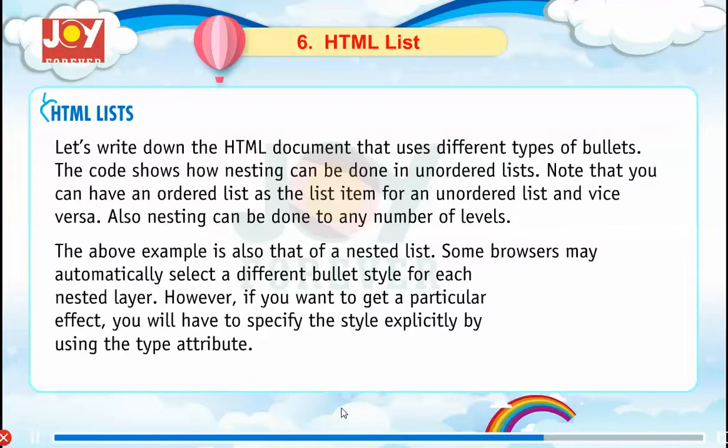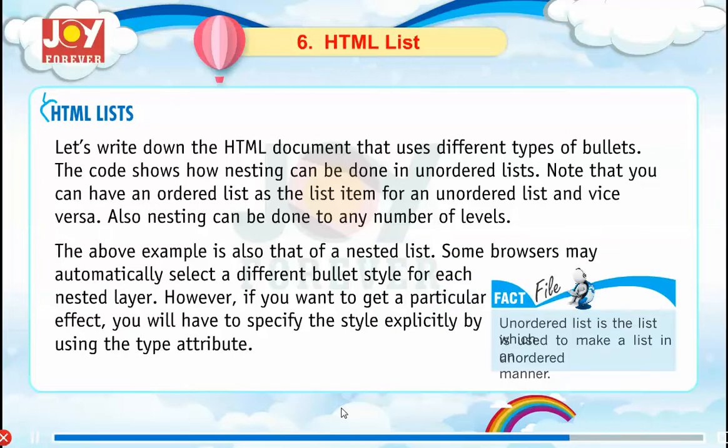Some browsers may automatically select a different bullet style for each nested layer. However, if you want a particular effect, you will have to specify the style explicitly by using the type attribute. Fact file. Unordered list is the list which is used to make a list in an unordered manner.